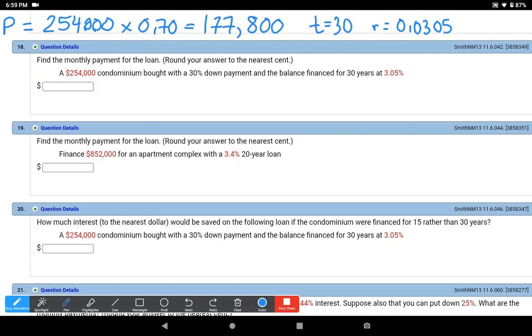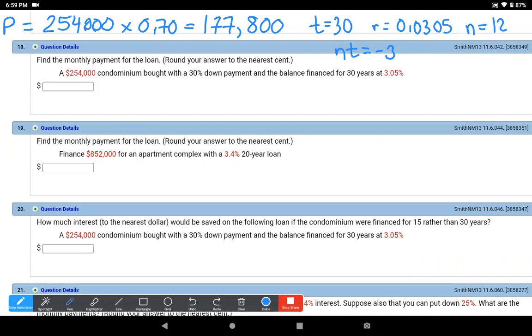This is a monthly loan, so n equals 12, right? A monthly payment. N times T is 360. Well, we use the negative NT exponent, so I just, by habit, threw the negative in there. It's just 360. And then I think that's it, right? Like we really can't clean it up anymore.